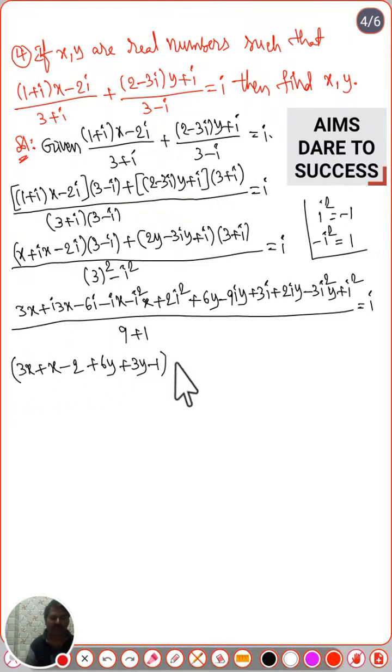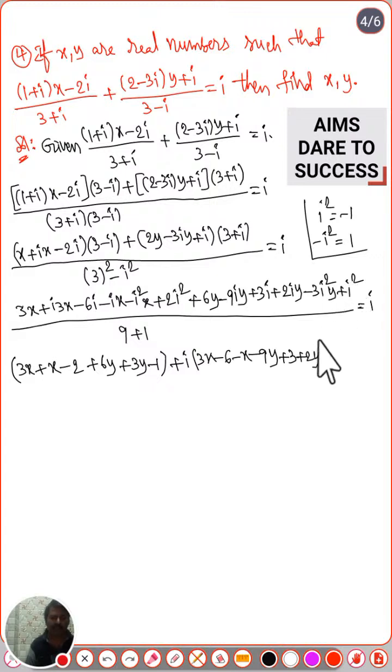Next, plus i common, remaining value here 3x, minus 6. Coming to here, minus x. Next, minus 9y, next plus 3, next plus 2y, next plus 3y.